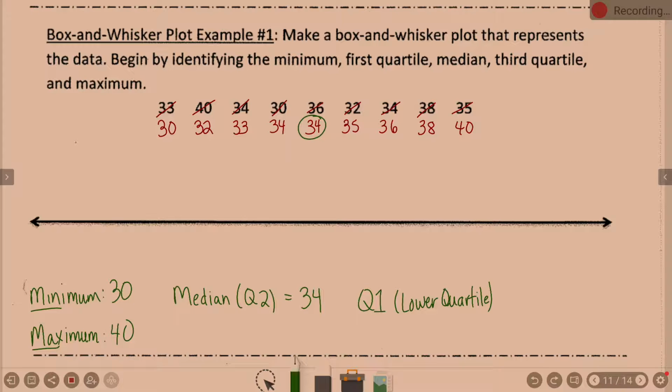And so now what we're going to do is we're going to look at this set of numbers here to find our lower quartile. And what is our lower quartile? In other words, what is the median of this group? 32.5. Right. It would be right here in between the 32 and 33. So officially, 32 plus 33 divided by 2, 32.5.